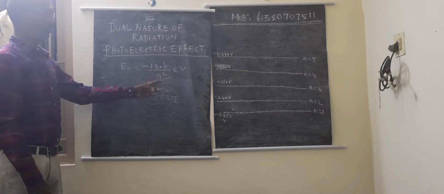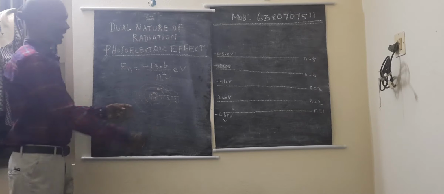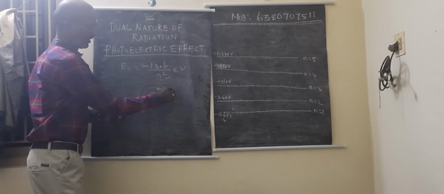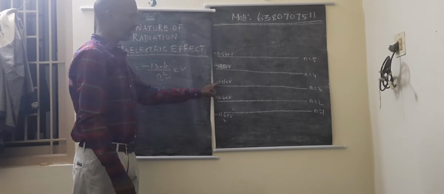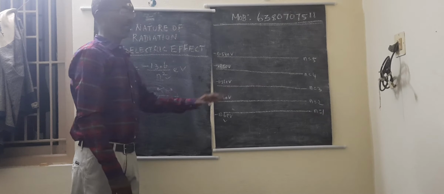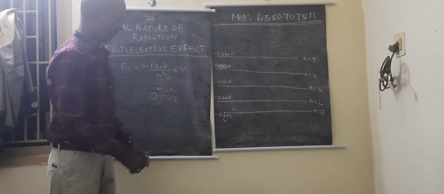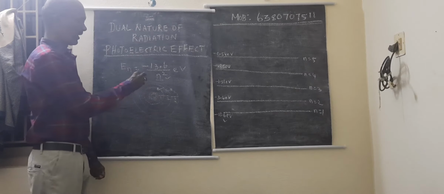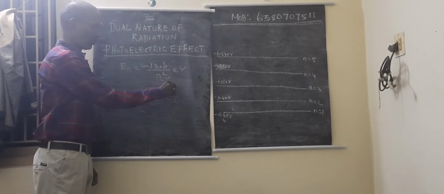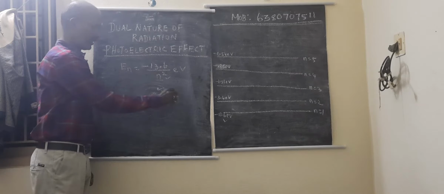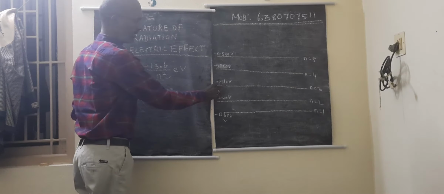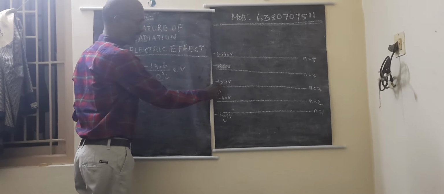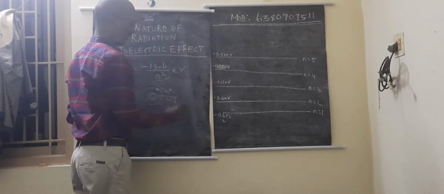Just substitute 1 here. Suppose the electron is in the third level, it will have an energy of minus 1.51 electron volt. Suppose we want to remove an electron from the outermost level, that is the third level. In the third level the energy is minus 1.51 electron volt.